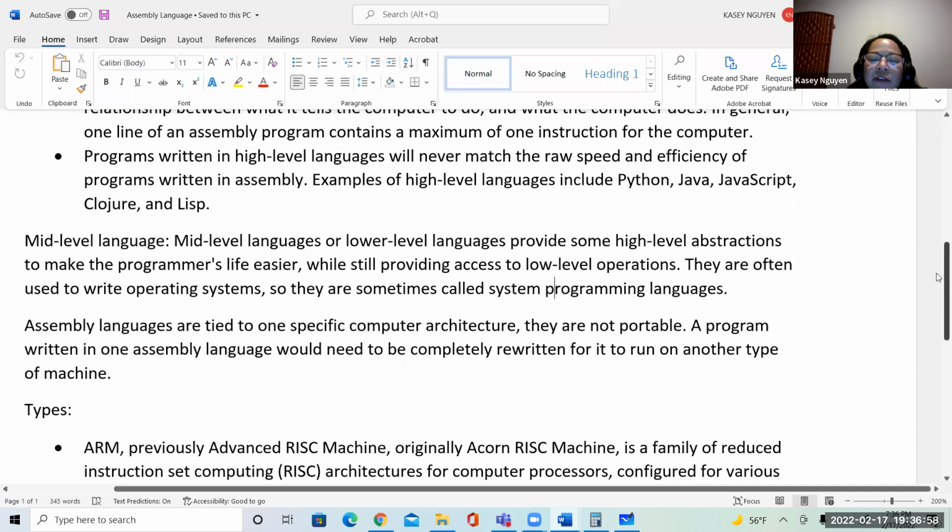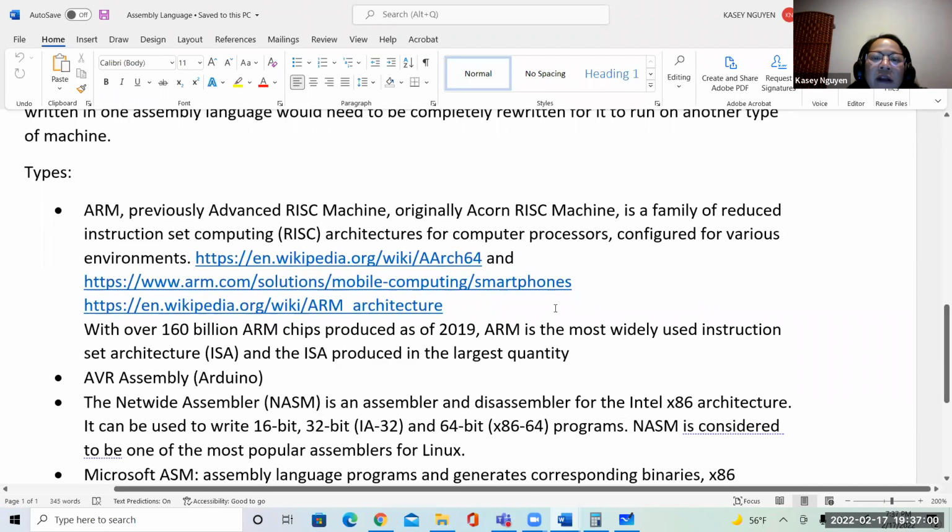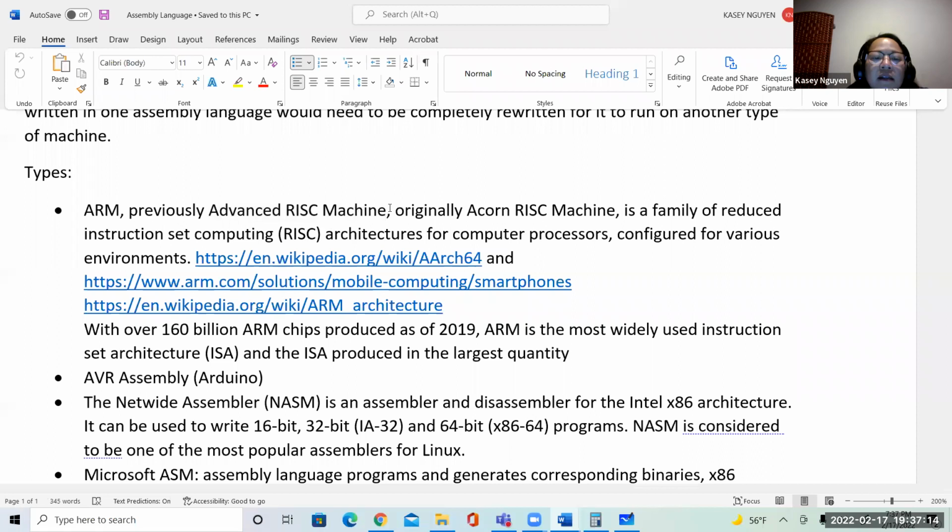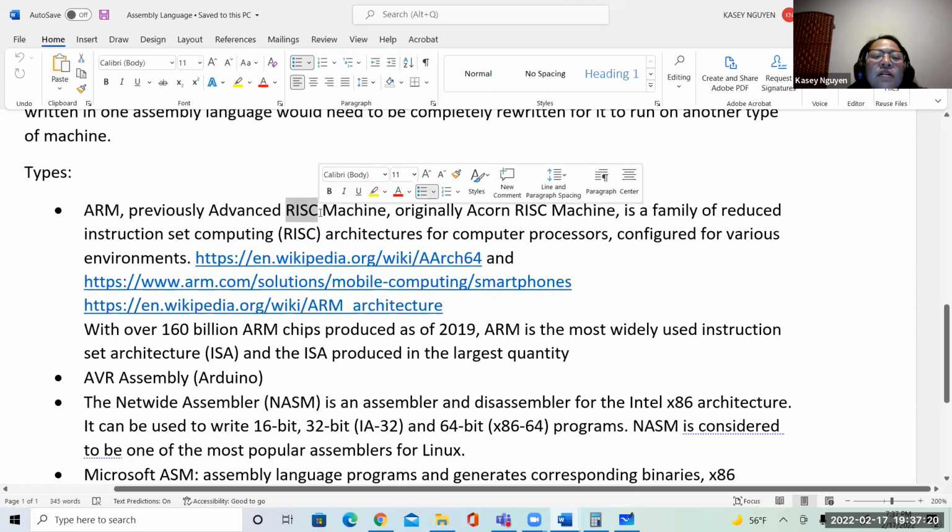I want to really clarify this, because when you finish this class, people are going to ask you, let's say you said you learned assembly, which architecture have you learned? And we are learning RISC architecture, and we will expand a little bit more.